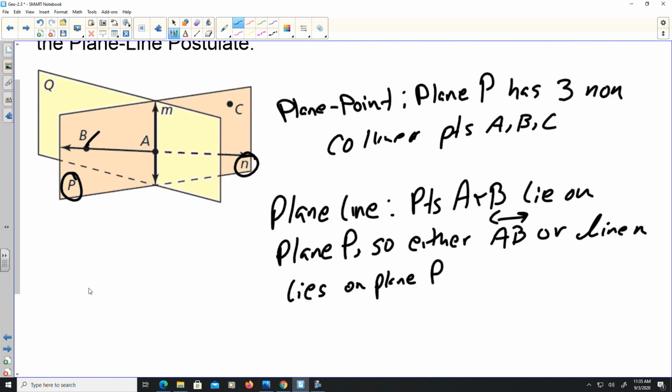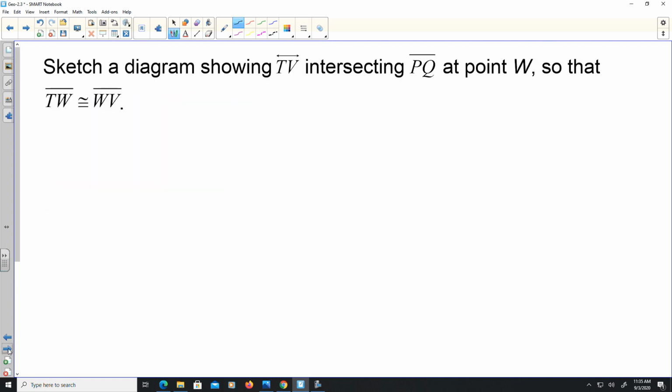Here they want you to sketch a diagram showing line TV intersecting line segment PQ at point W so that TW is congruent to WV. There are a lot of different ways you can draw it. I would suggest pausing this, doing it yourself, and then seeing how similar yours is to mine, or you can even look in the book.